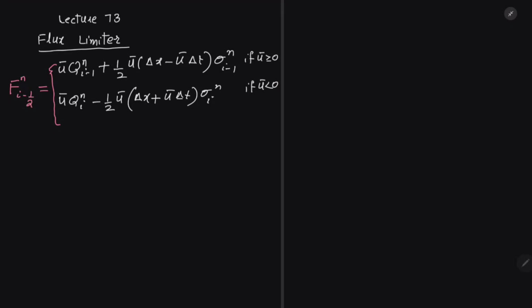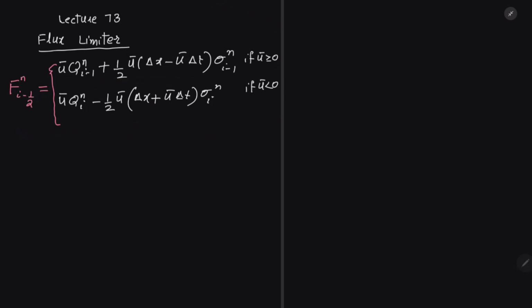In a previous video, we talked about the flux formulation in the cell Tn to Tn plus 1, and we reached the following flux. When u bar is greater than 0, the flux at I minus 1/2 is written over here.